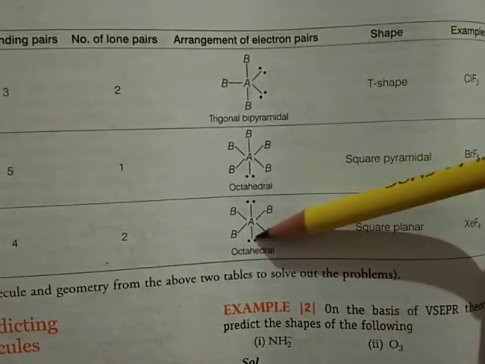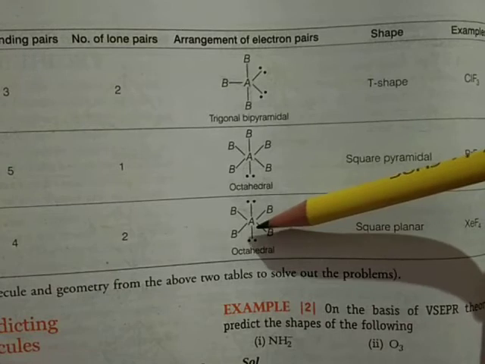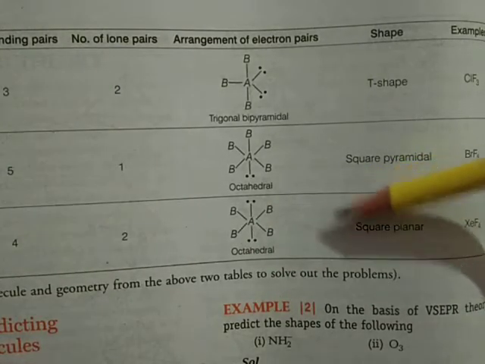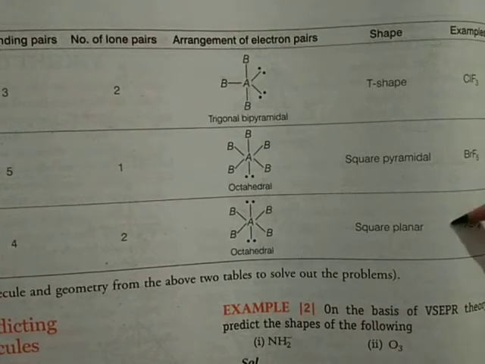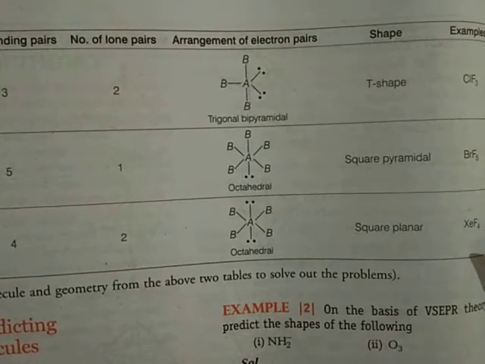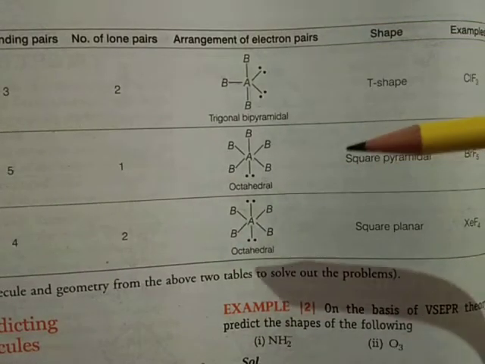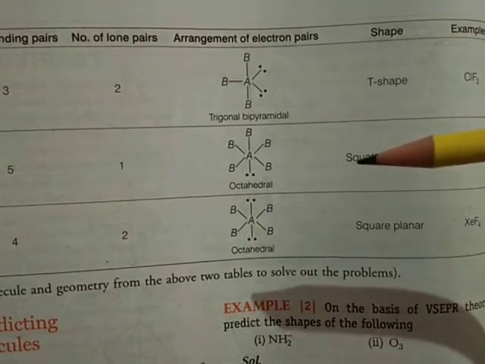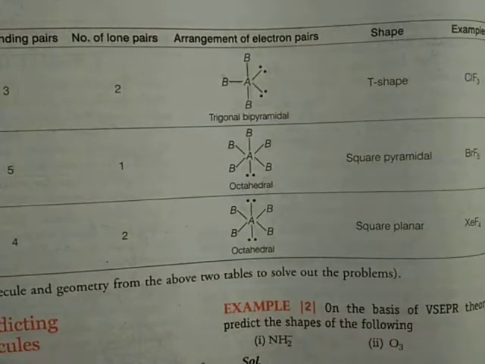Due to the presence of 2 lone pairs, its shape will be distorted and it will be square planar. And the example is XeF4. So by the help of this table, we can easily find out the shape and geometry of the molecule.